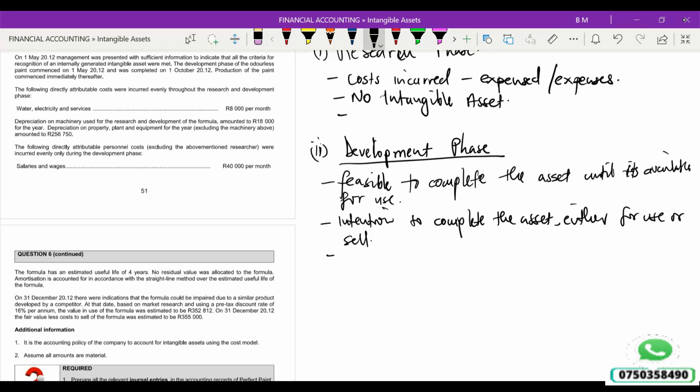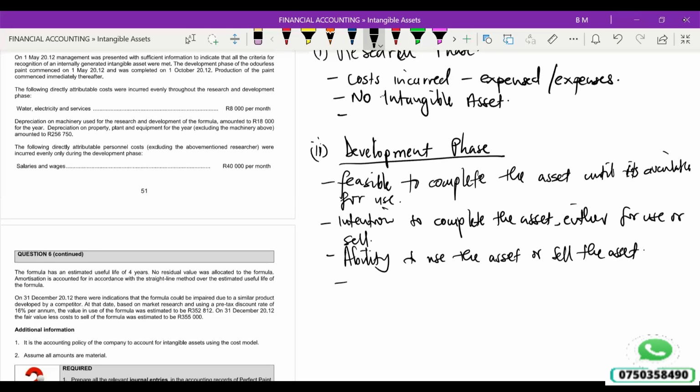We are going to complete the asset. Either we're going to use the asset, or we are going to sell the asset. And we also need to demonstrate that we have the ability to use the asset or sell the asset.